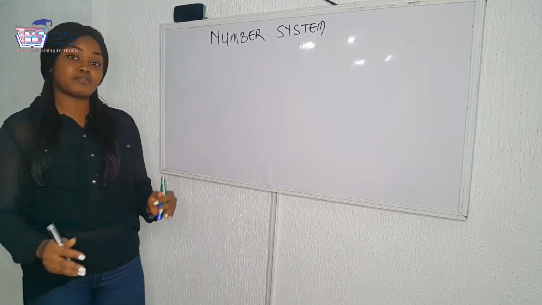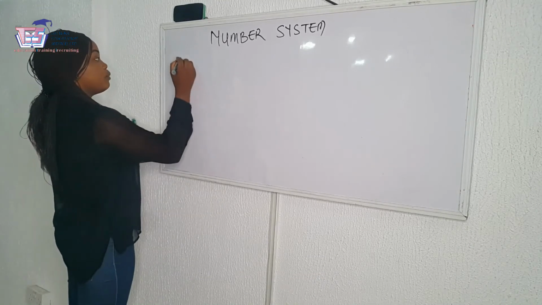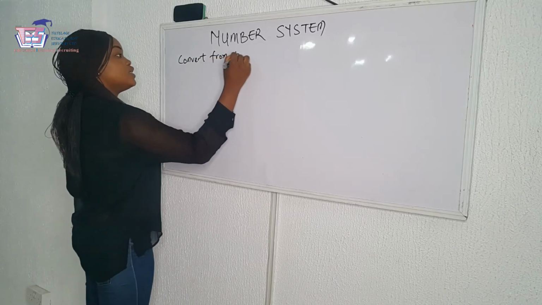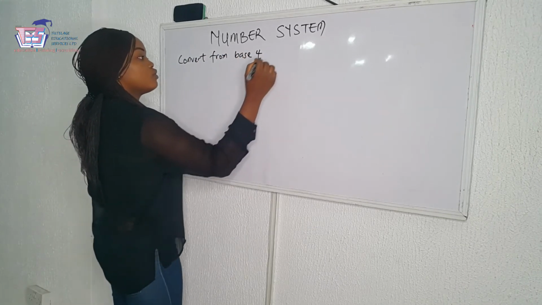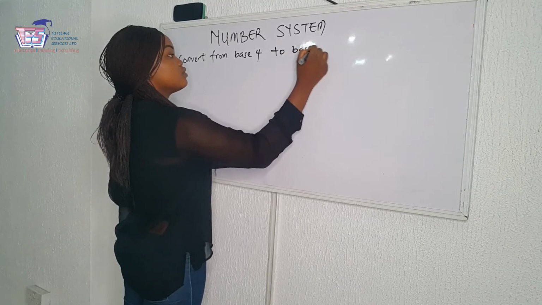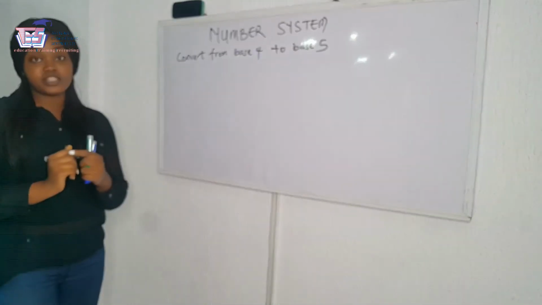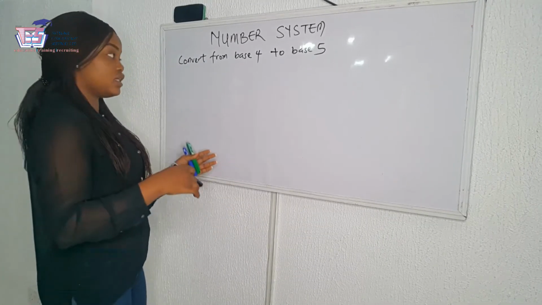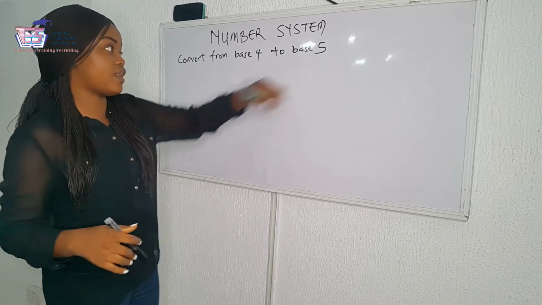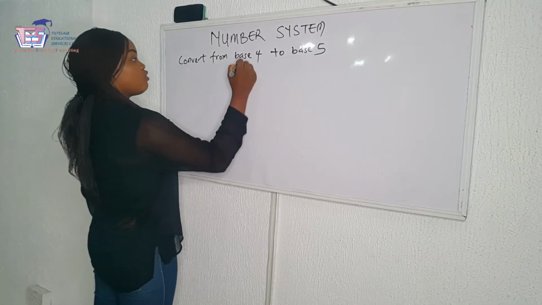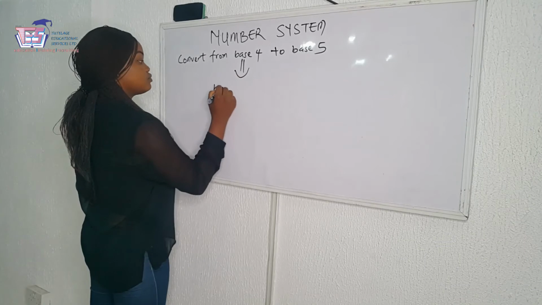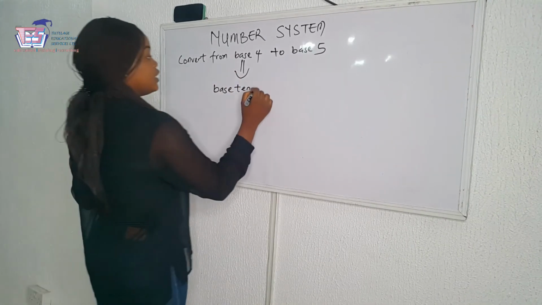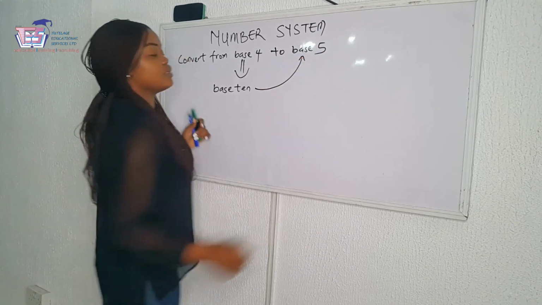Now, if you want to convert from base 4 to base 5, what you do is, you first convert base 4 to base 10, then you convert from base 10 to base 5.